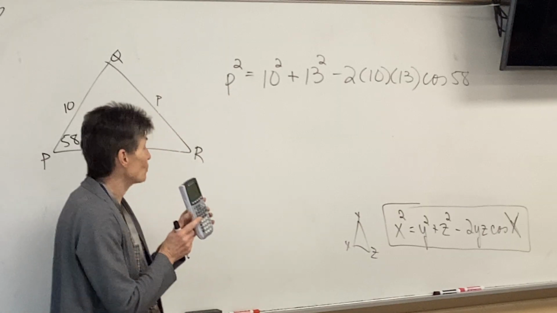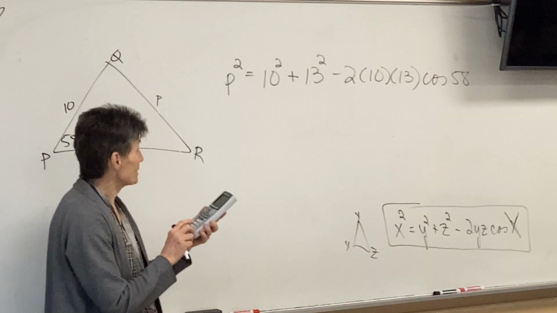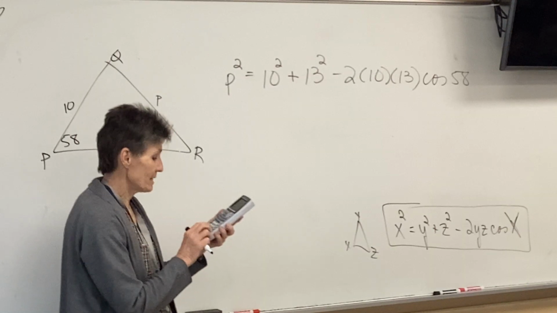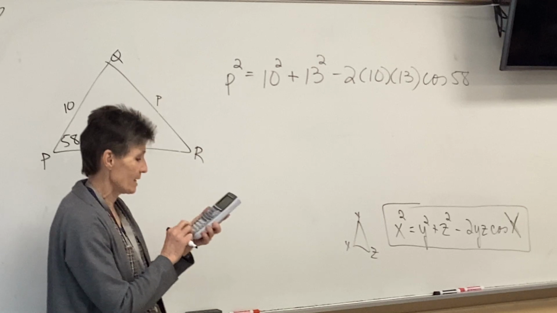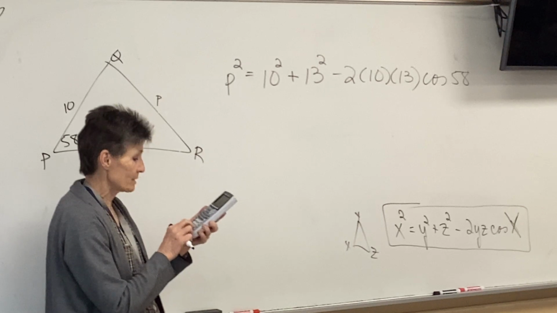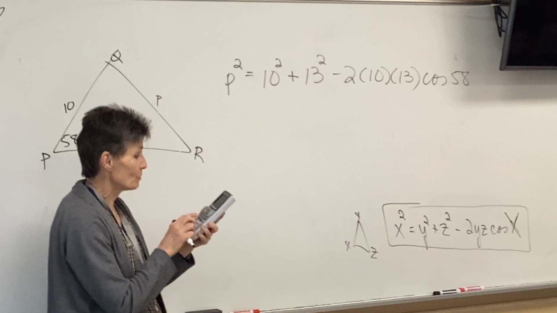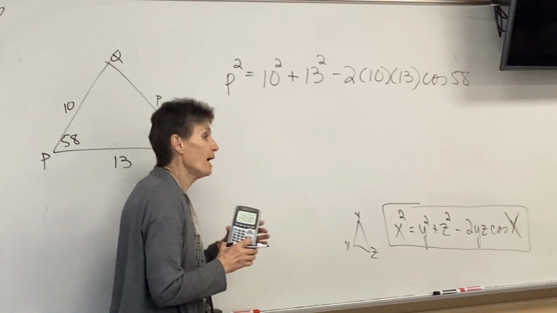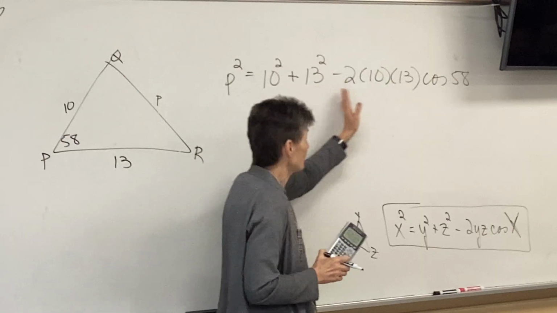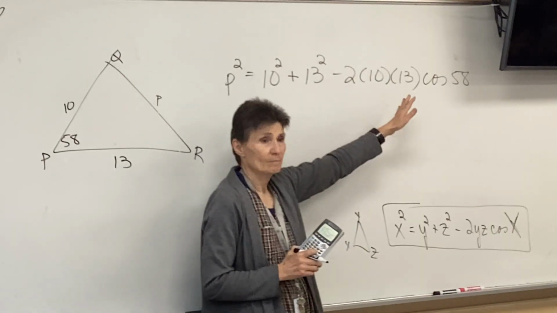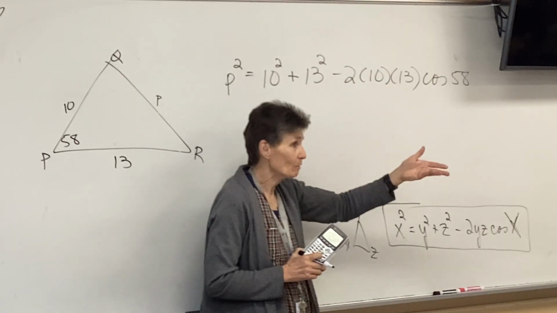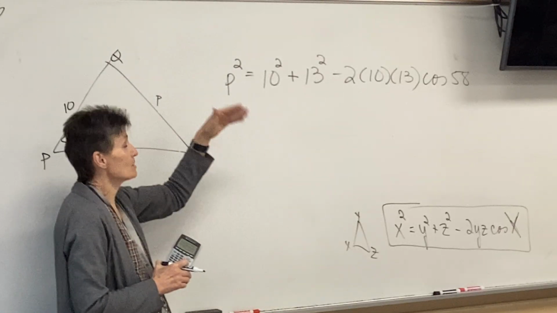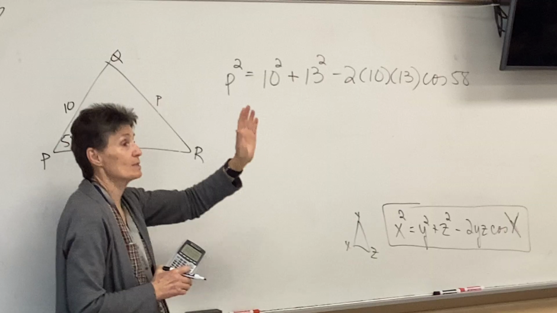So 10 squared plus 13 squared minus 2 times 10 times 13 times cosine 58 equals. Do not hit equals until you've got it all typed in. Just type it in like I said it out loud: 10 squared plus 13 squared minus 2 times 10 times 13 times cosine 58.